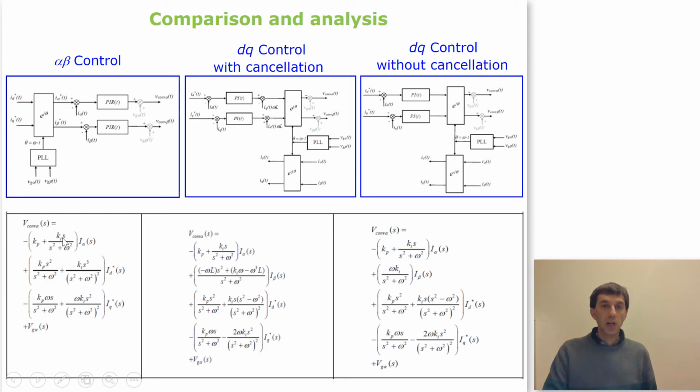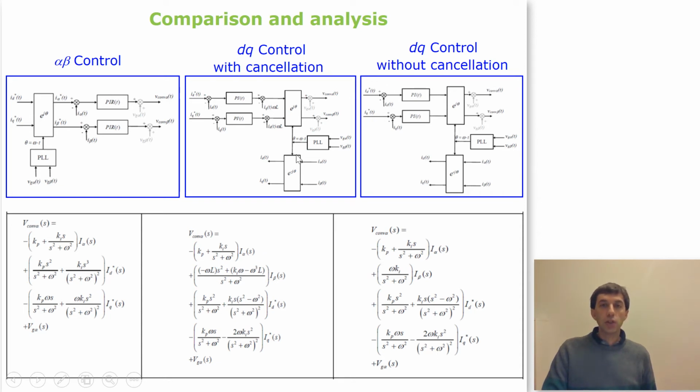For instance, here we have first one term that appears equally in all the controls. These two terms multiplied by the D and Q references are very similar, but not the same. In these two controls, they are similar, but not exactly the same. However, from here to this other control, we can see that they are exactly the same.